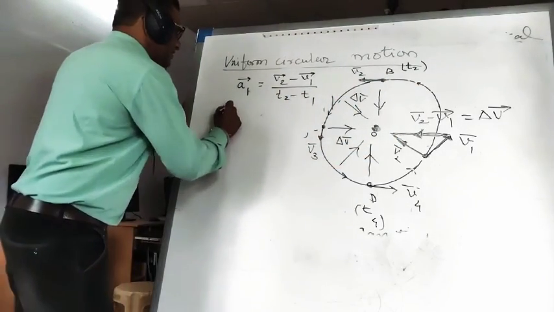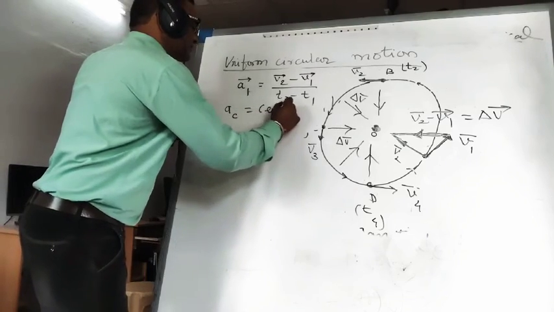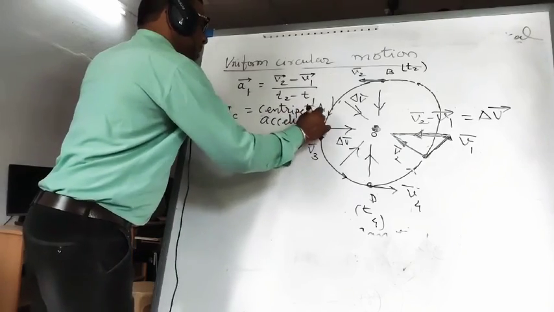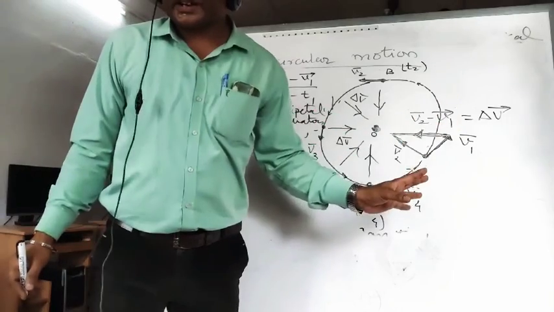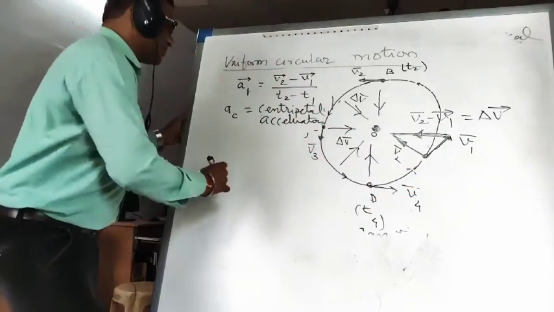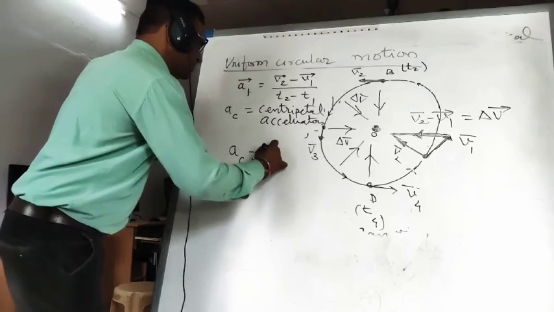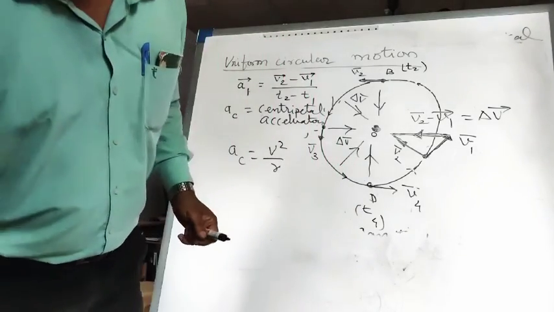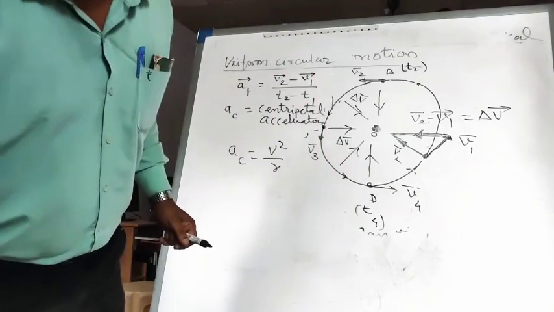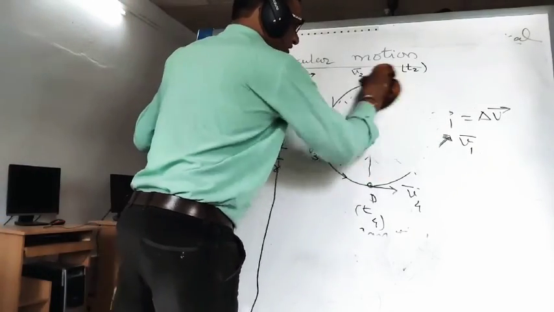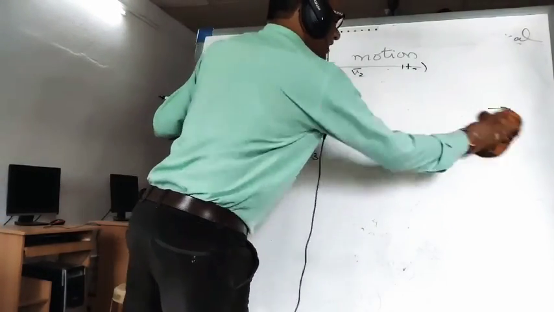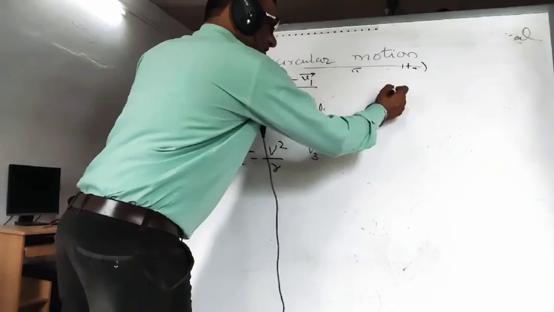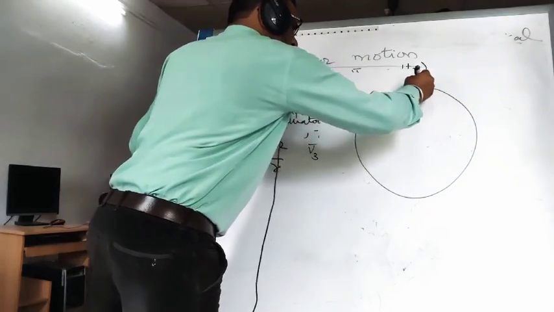Okay, centripetal acceleration is generally represented by AC. Right? And what is the magnitude of this acceleration? Centripetal acceleration is v square by r, where r is the radius of this circular path. Look at this figure. I am redrawing the same figure by showing the direction of acceleration. This is a uniform circular motion where the object covers equal distance.